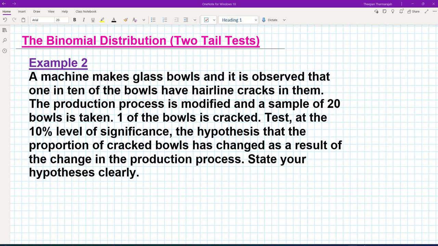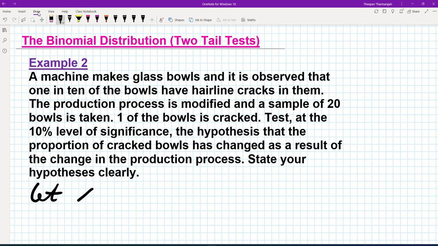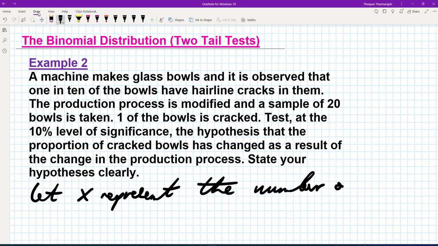State your hypotheses clearly. So first thing we ought to do is to write our random variable. Let x represent the number of bowls which are cracked.